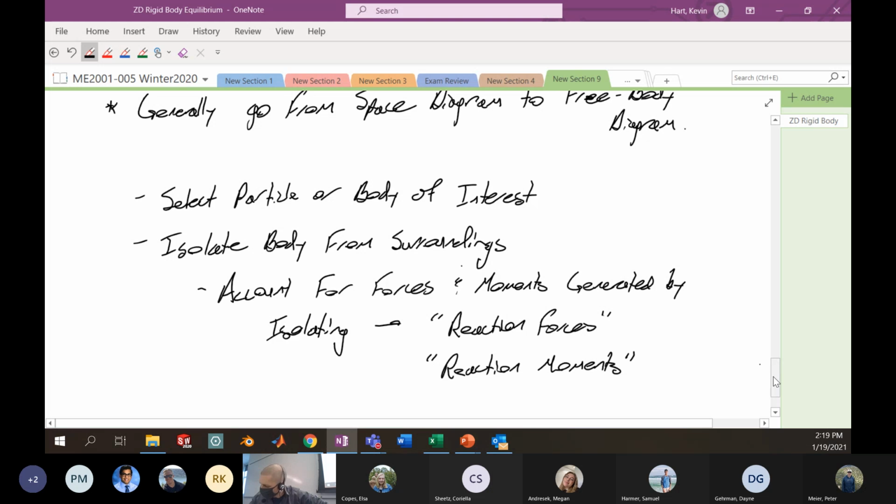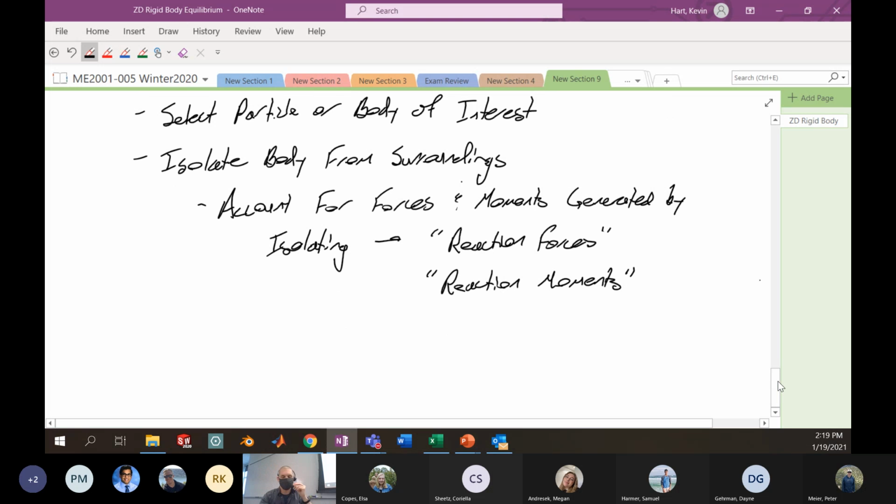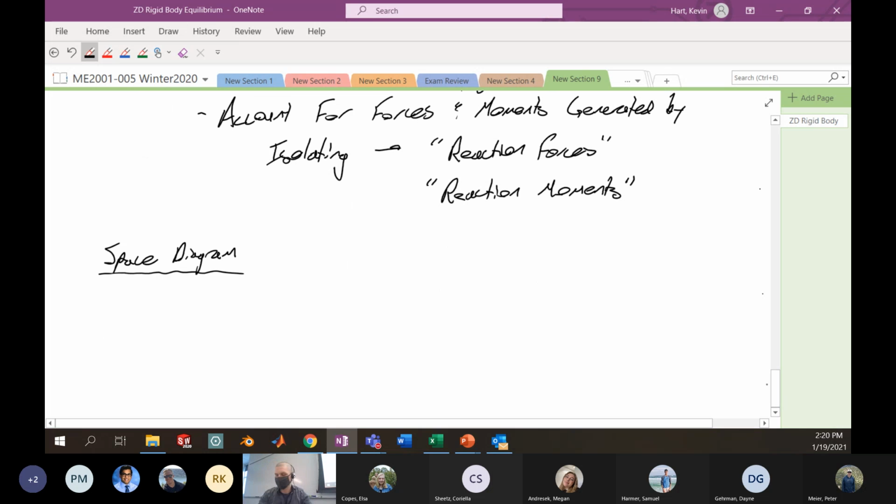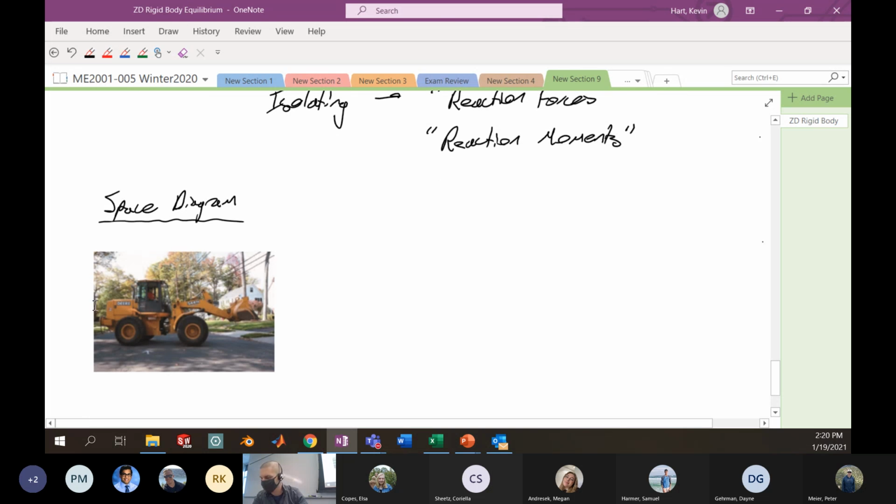Okay. Let's look at an example, and this is an example from the slides. I'm not going to try to draw this because this is not my specialty. Let's say you have a skid loader that's got some load in it.